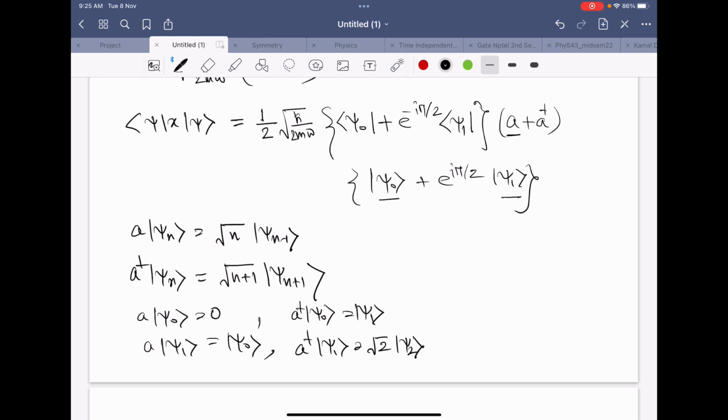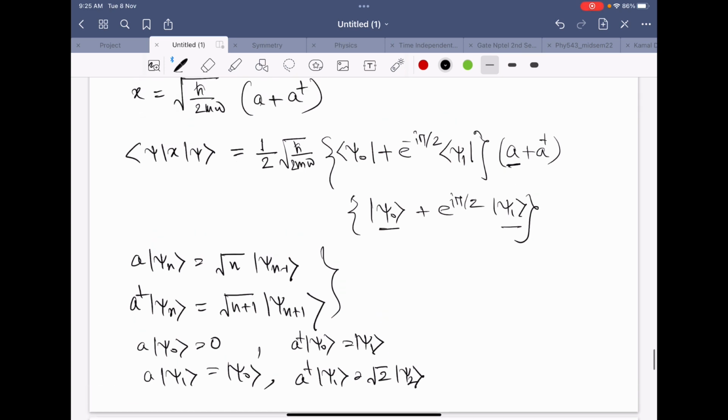So we have to use these relations here. A acting on psi 0 gives 0, so that term will not contribute, and A acting on psi 1 gives us psi 0.